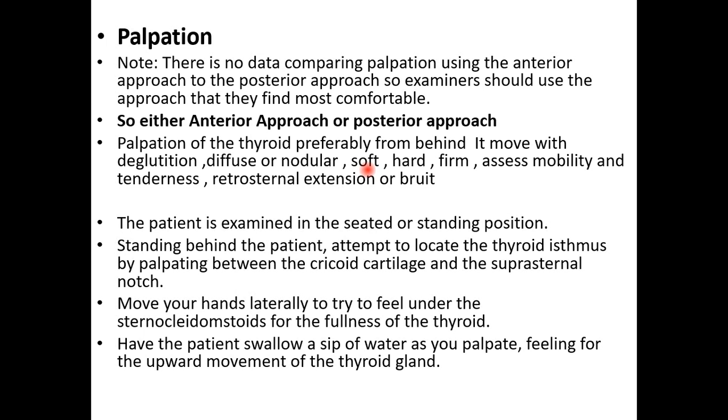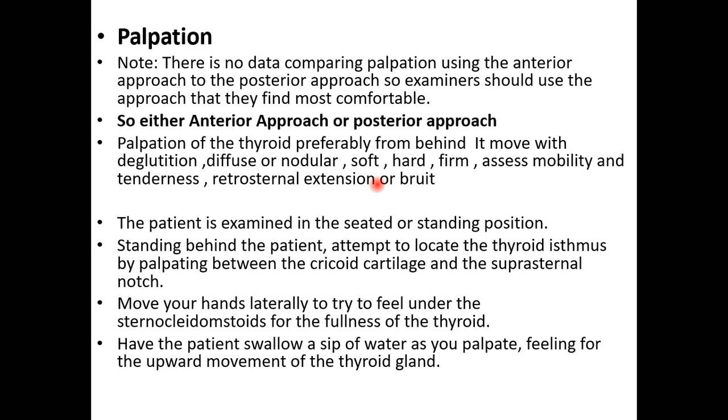So preferably the thyroid gland should be palpated from behind, and it moves with deglutition. We will see the movement with the swallowing of the patient, and you ask the patient to swallow sips of water, and you can palpate the gland, whether it is enlarged or not, soft or firm in consistency, mobile, not attached to the underlying structures, tender or not, whether there is retrosternal extension, or you may hear a bruit.